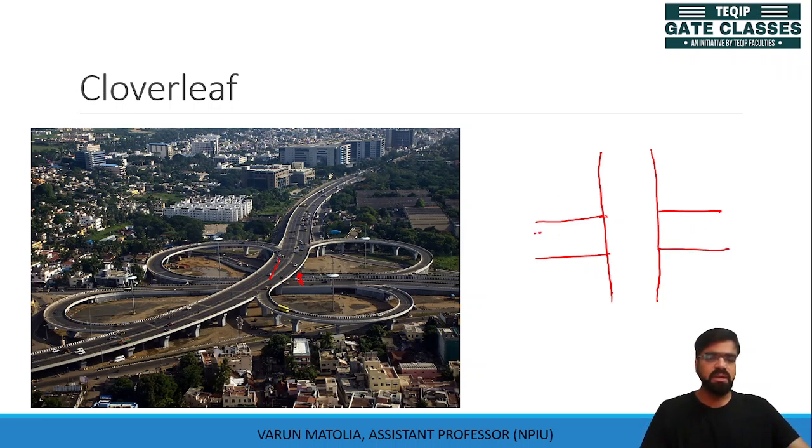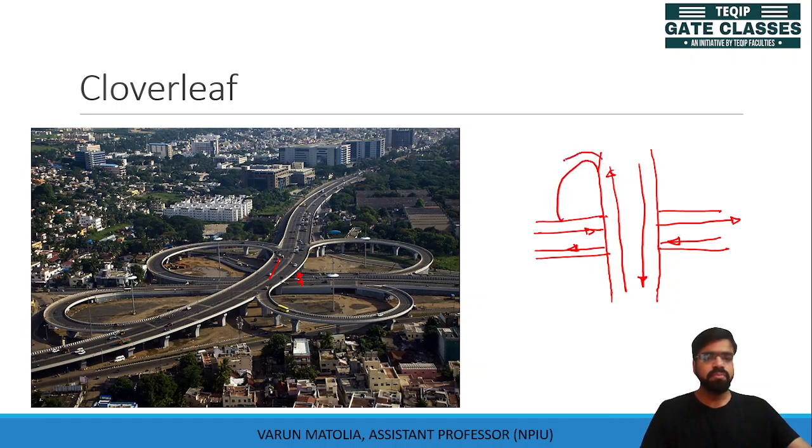Traffic is coming from here below the bridge, is going here. Some traffic is coming from this direction below the bridge, it moves here. And here we have traffic going in this direction above the bridge and traffic going in this direction. So what they do, they provide a loop here for the vehicles to move and merge into this lane.